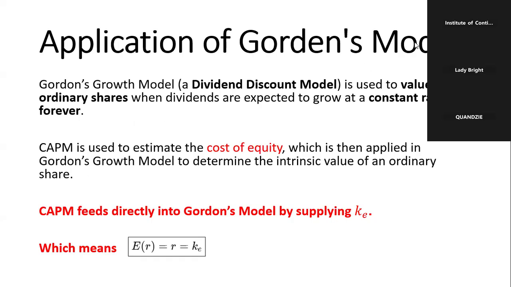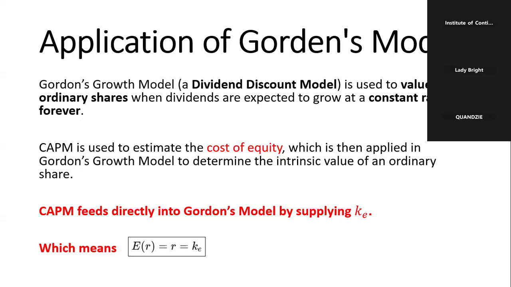How is it applied? All that we have done, how do we apply it? The Gordon's growth model, which is a dividend discount model, is valuing shares at a constant growth rate. CAPM is looking at the cost of equity, the expected return. And the Gordon growth model is also looking at the KE, the discount rate.